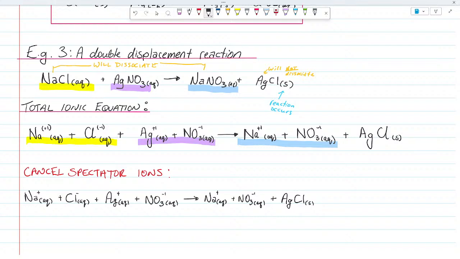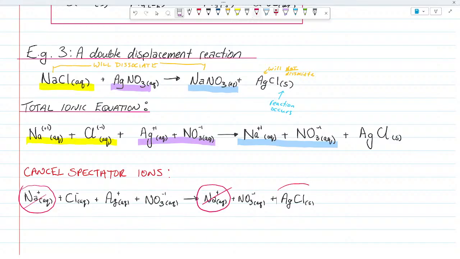Okay, so let's be on the lookout for things that don't change. What doesn't change? Yeah, if you look here, we start out with some sodium ions floating around, and we end up with some sodium ions floating around. What else doesn't change? Nitrate. We have some nitrate ions floating about, and we have some nitrate ions.